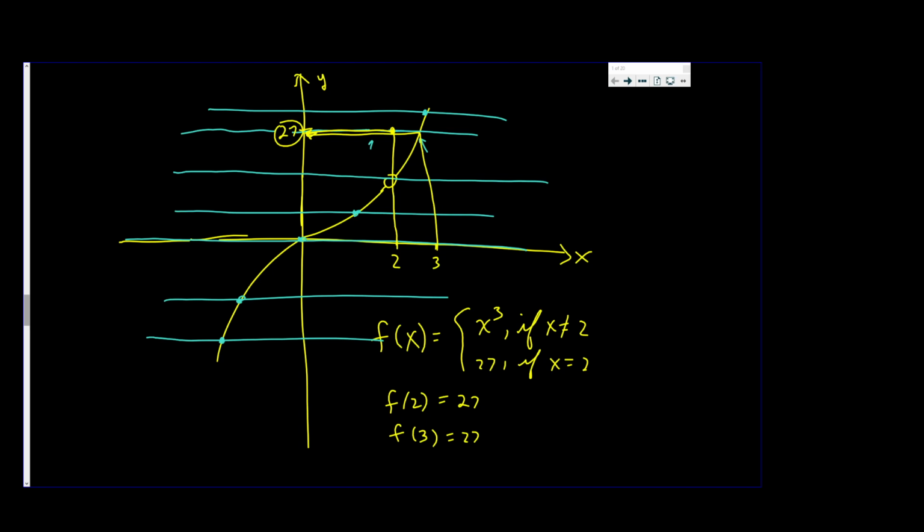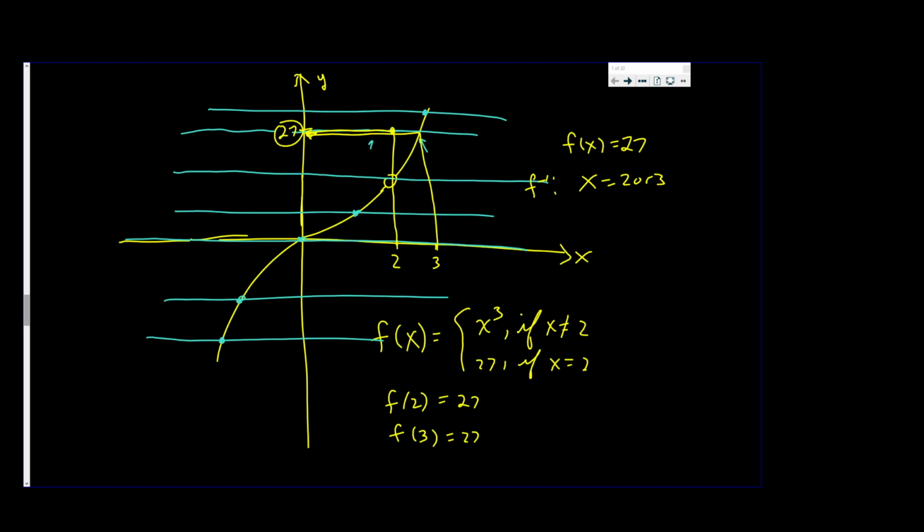So if I tell you that f of x is 27, you can't give me back one x value. You're going to say x is 2 or 3. Well, that's not a function. So this would be the inverse, but it's not a function.